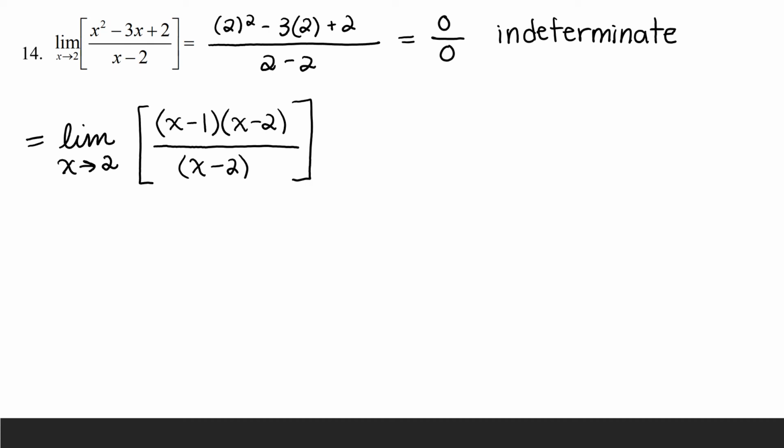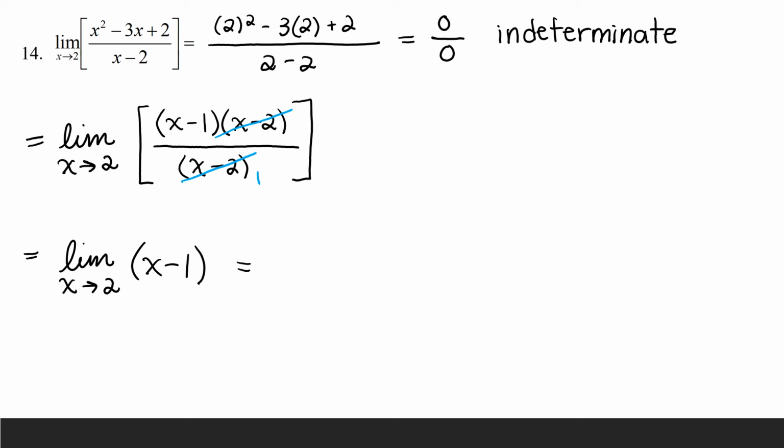And now I can see that I have a common factor of x minus 2 in my numerator and denominator, so they will be dividing out, and I am left with a 1 in my denominator. So this is equal to the limit as x approaches 2 of x minus 1 over 1, which gives us just this x minus 1.